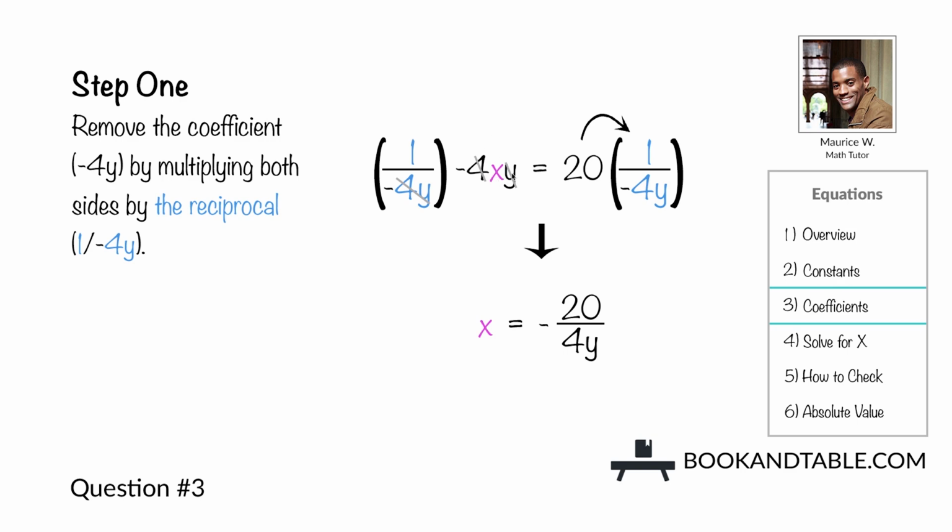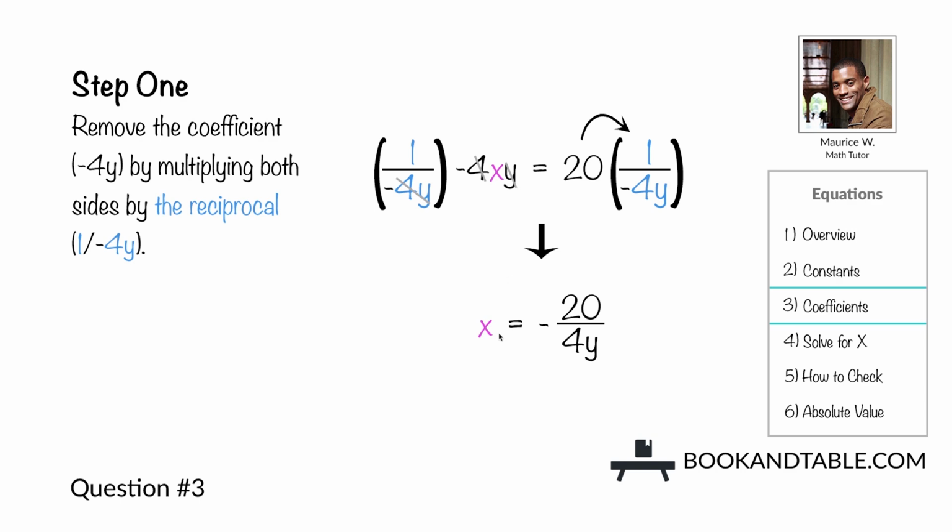So this y, although it's on the other side of the x right here, can be considered to be a part of the 4. Negative 4 times y times x is the same. So we want to cancel the negative 4 since that's not the x, and we want to cancel the y because that's not the x. All right? So we divide both sides by negative 4 and y. Or multiply it by the reciprocal, which is 1 over negative 4y.